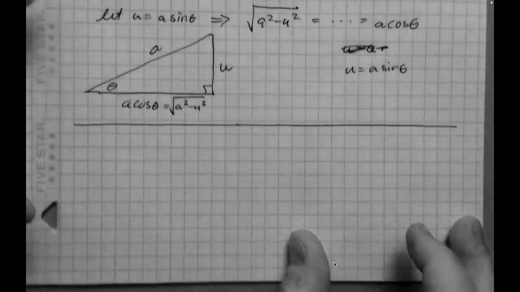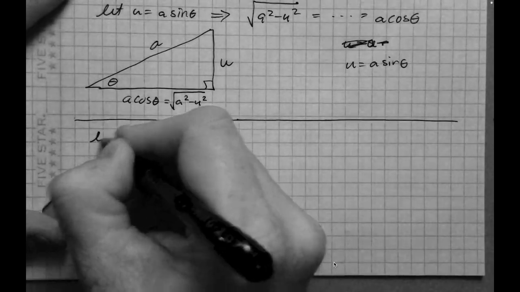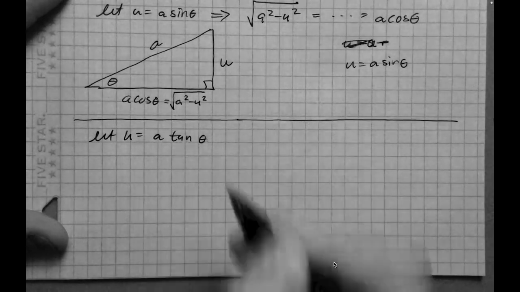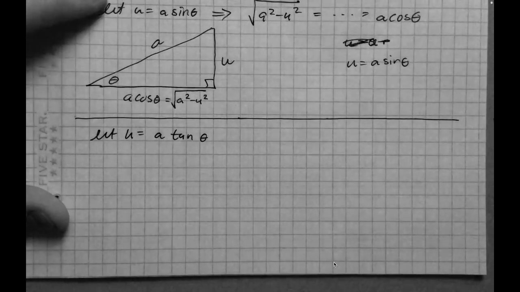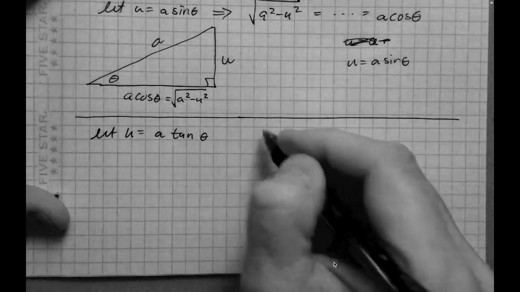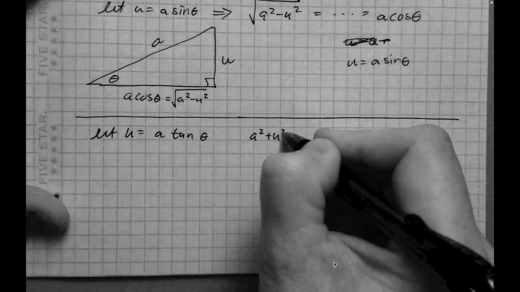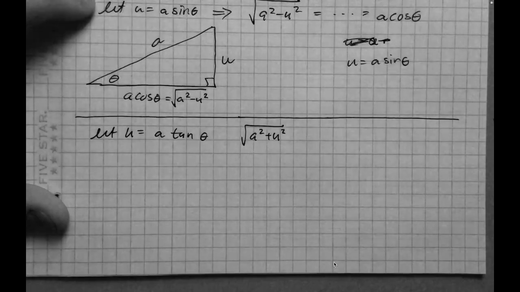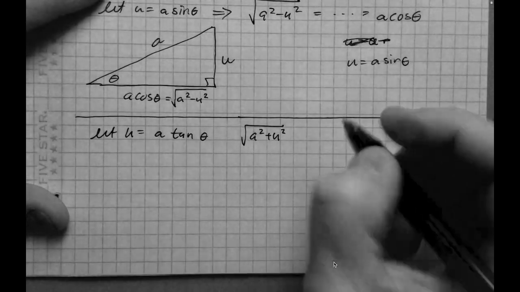Now, what happens if we consider another substitution? What if we let u equal a times the tangent of theta? Okay, in that case, if you play around with that a little bit, what you'll discover is that the square root of a squared plus u squared, that form benefits a lot from this substitution.